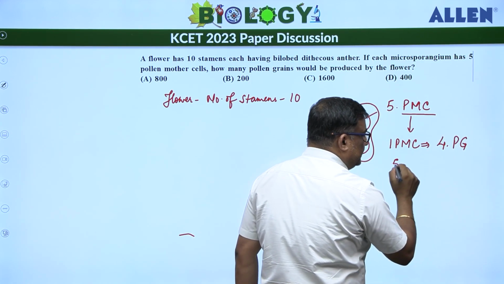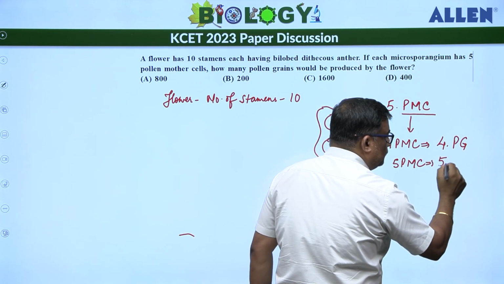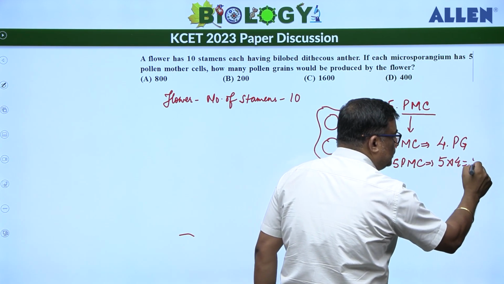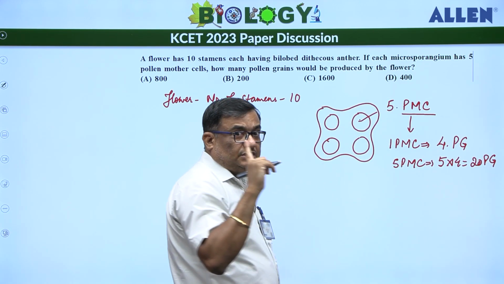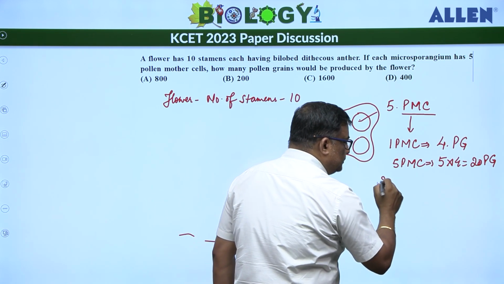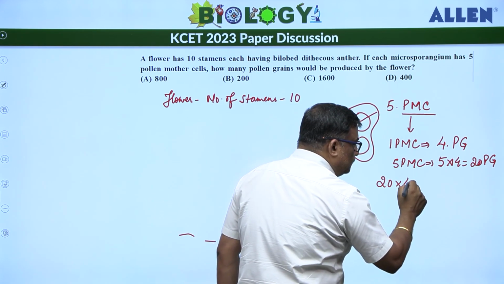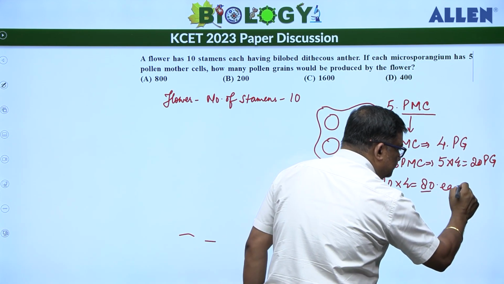So 5 PMC will give rise to 5 into 4, it will become 20 pollen grains. And this is with respect to just one microsporangium. How many are there? 4. So it becomes 20 into 4, it becomes how much? 80 in each stamen.